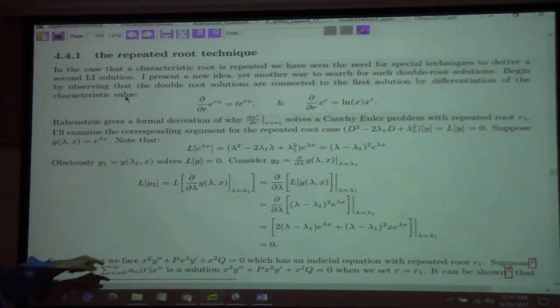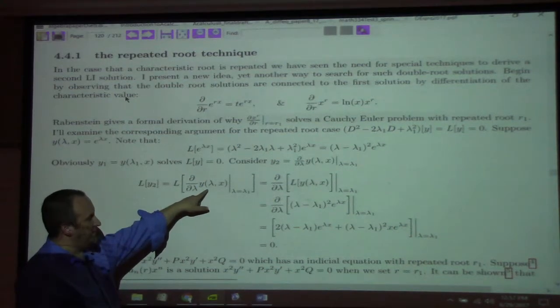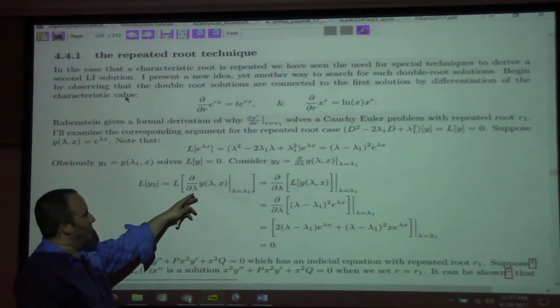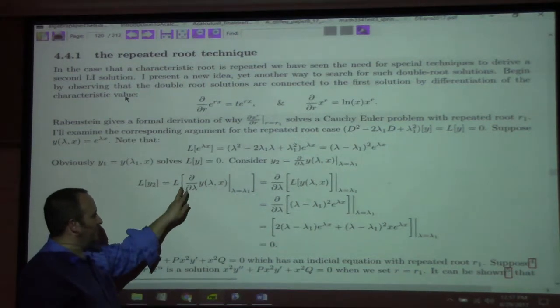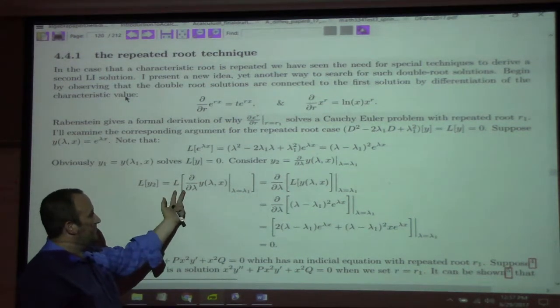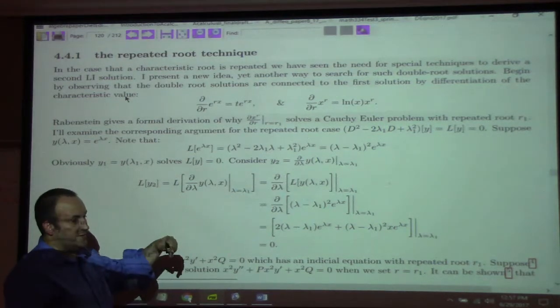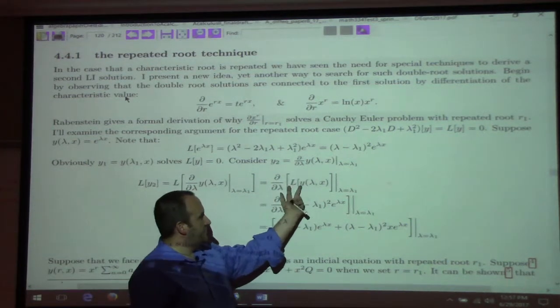what happens if we feed the differential operator the partial lambda of y? Then the sneaky step is that we can reverse the order of differentiation with respect to the parameter versus the derivatives defining the differential equation. So if I flip and differentiate with respect to the parameter second and then evaluate at lambda equal to lambda 1, I will have this.